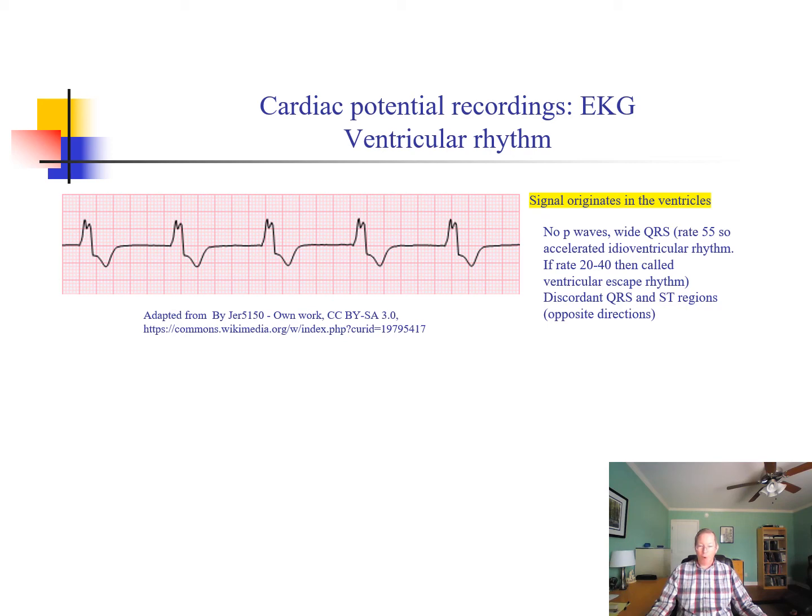But this kind of widening of the QRS, this discordance, the direction between the QRS and the ST regions, and the absence of P waves are all clues that this is originating in the ventricles. Now, sometimes you'll get a rate that will be between 20 and 40, where the backup Purkinje fiber pacemakers are actually the ones that are coming off on this.